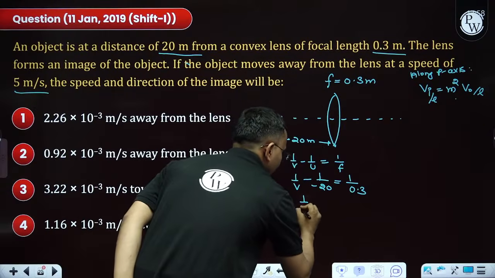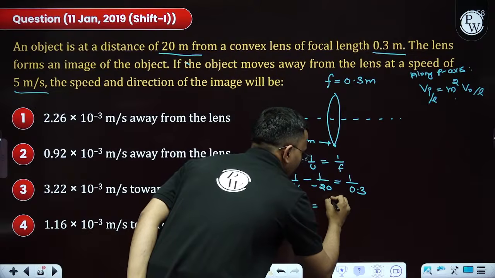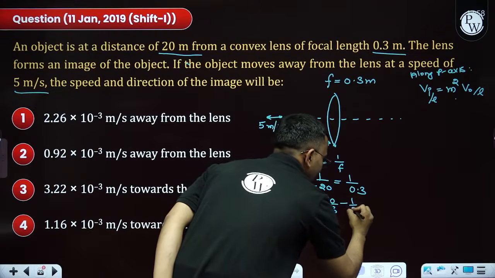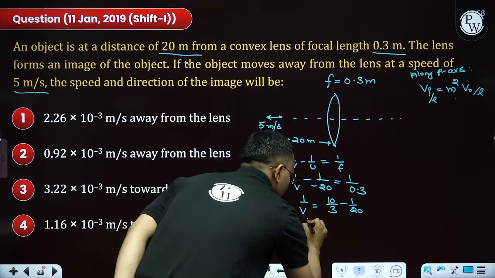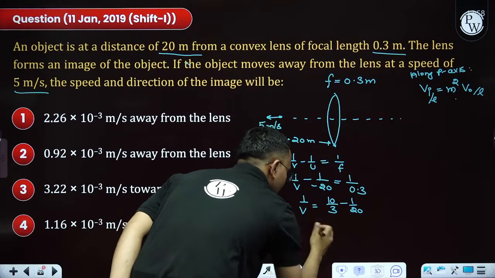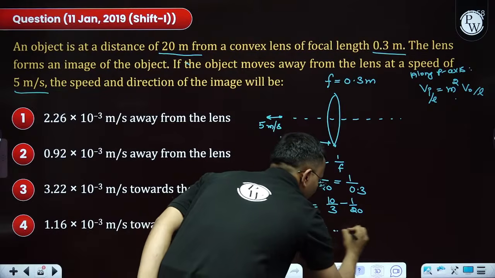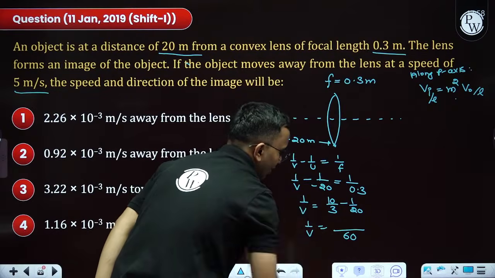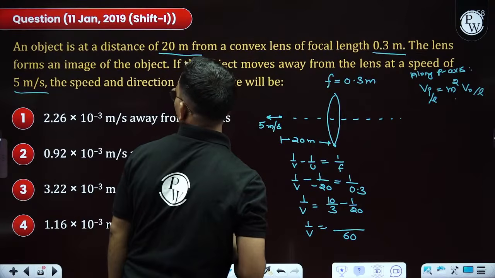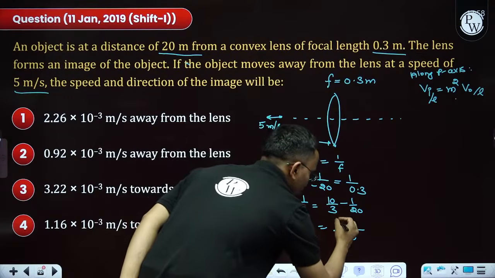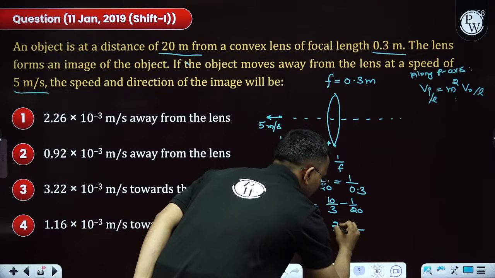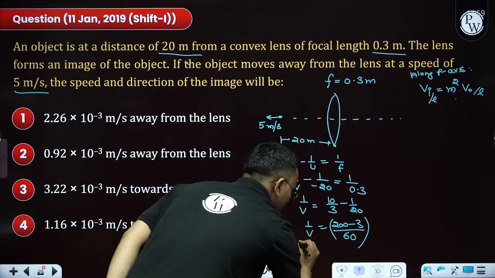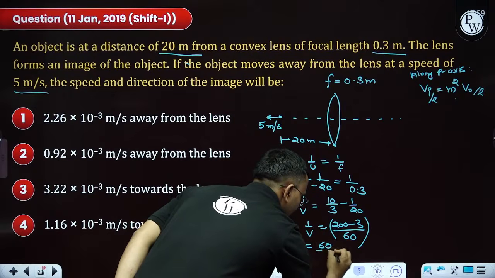So 1 by v comes out to be 10 by 3 minus 1 by 20. So I can say 1 by v is equal to, let us take 60 as LCM, 3 into 20, so this is 200 minus 3. So my v comes out to be 60 divided by 197.